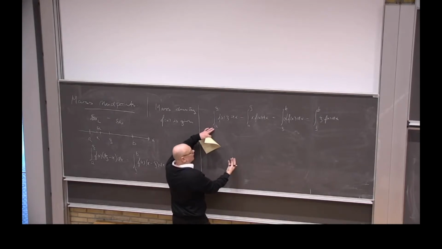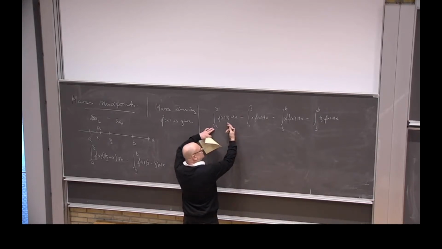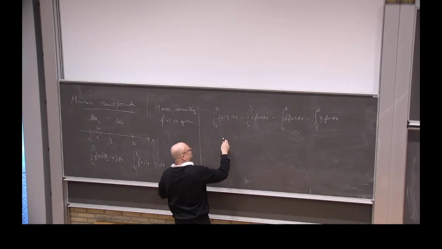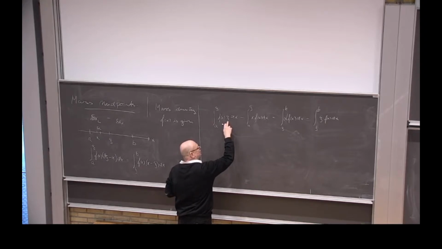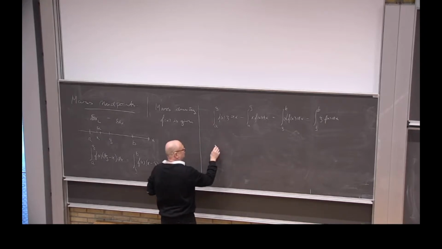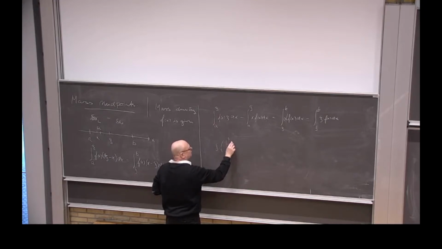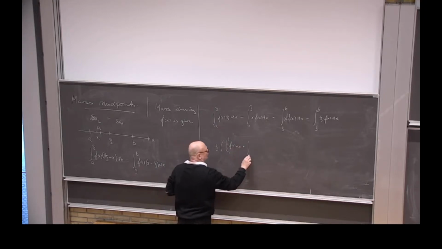Now I collect the terms that contain c on the left-hand side, and I put c outside the integral because it's a constant. So I get the integral from a to c, and then from c to b.